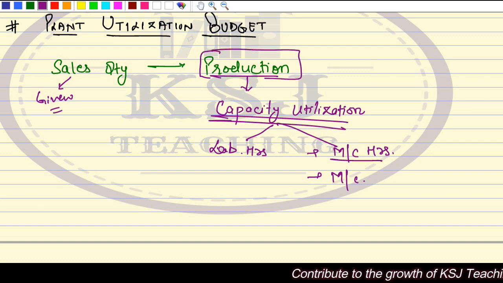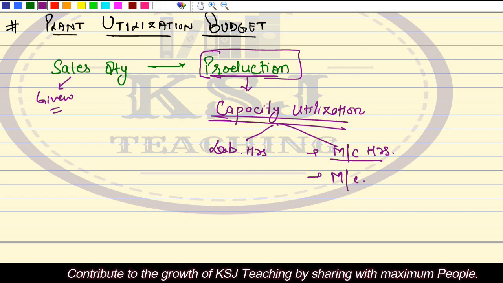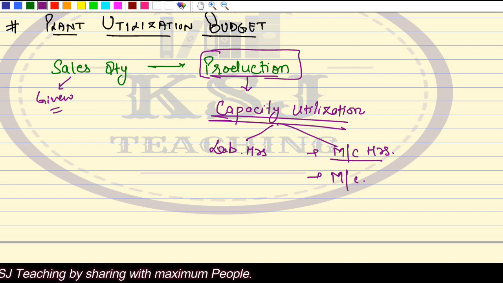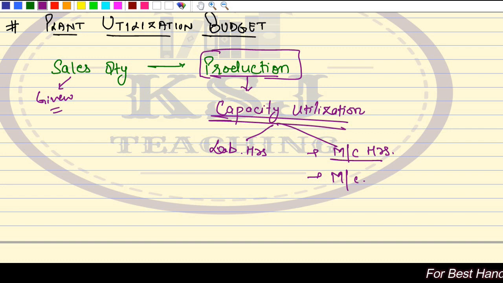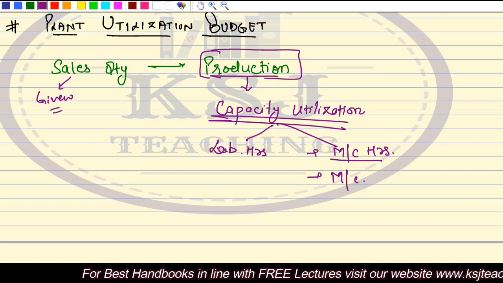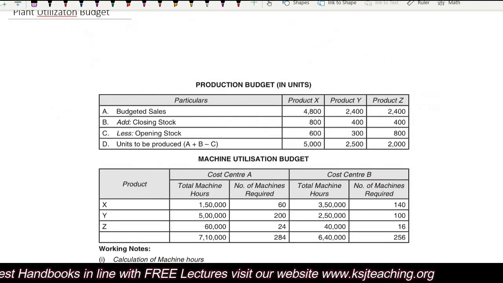Because the utilization will be dependent upon what you want to produce. Because for the production only you are going to utilize your plant, isn't it? That means if the sales quantity is given, and opening and closing balances are given, you can calculate the number of units that you want to produce. Right, sir?